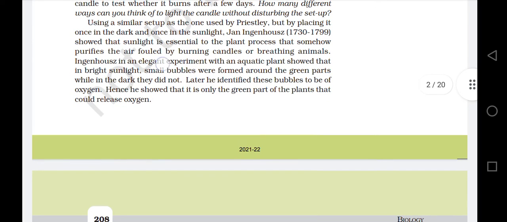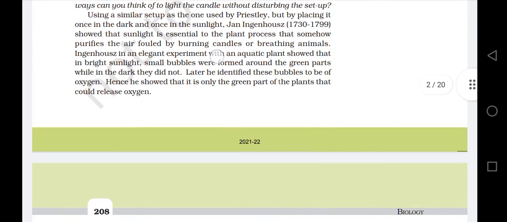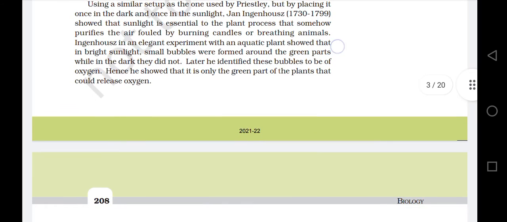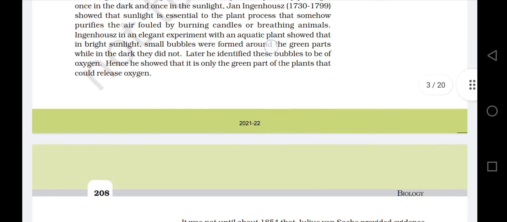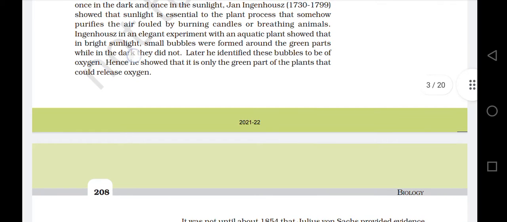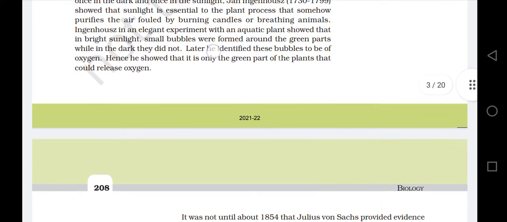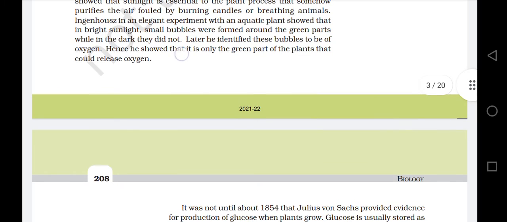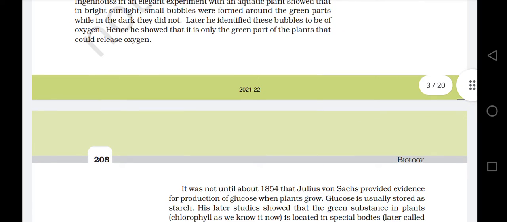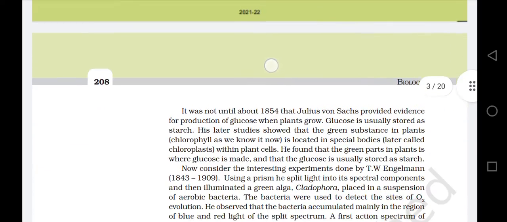In an elegant experiment with aquatic plants, Ingenhousz showed that in bright sunlight, small bubbles were formed around the green parts, while in the dark they did not. Later he identified these bubbles to be of oxygen. Hence he showed that it is only the green part of the plants that could release oxygen.